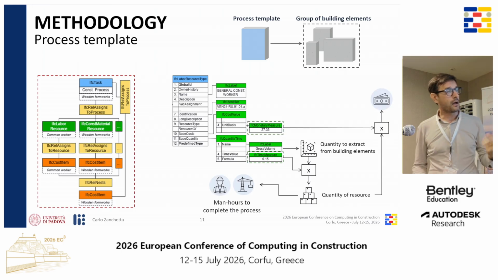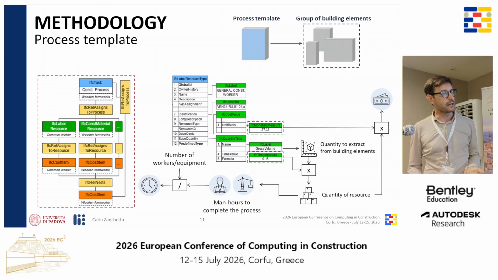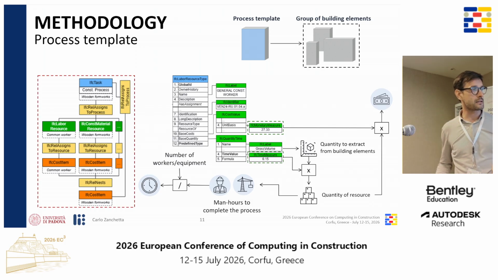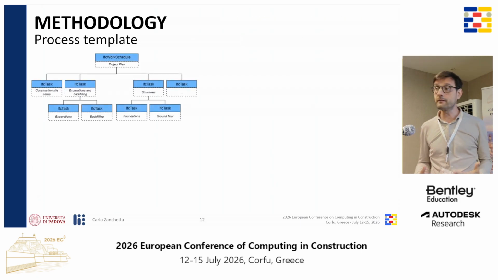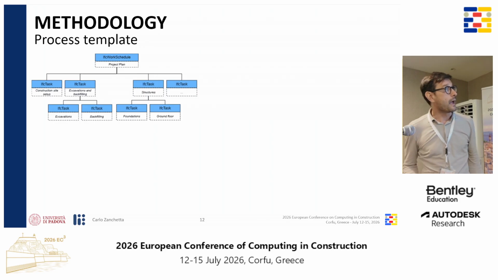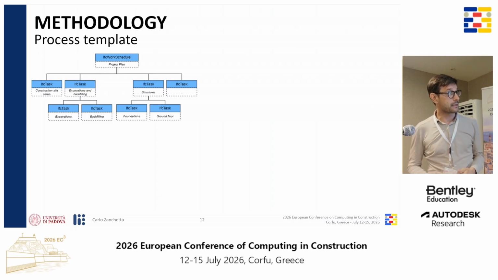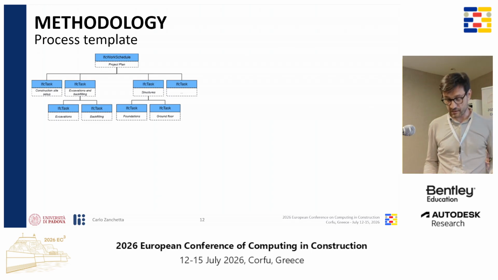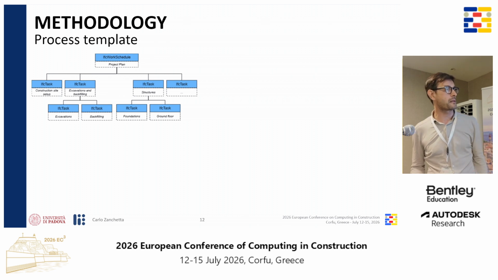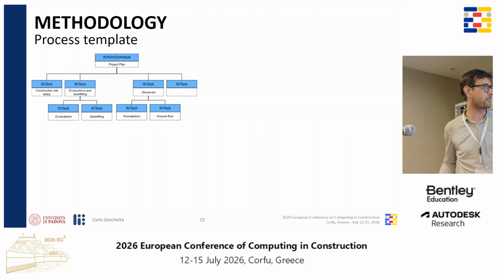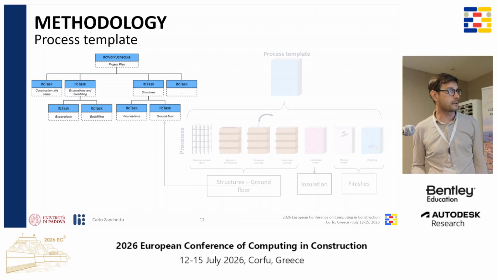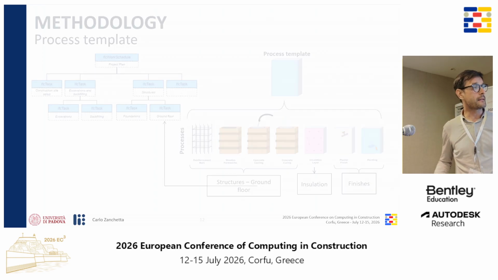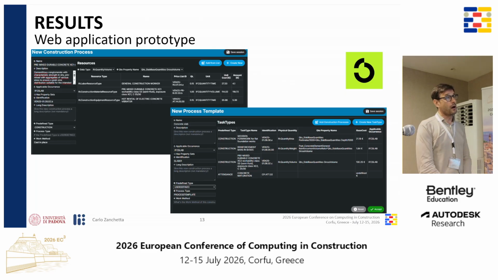But in the end, in this way, it was possible for us to connect the dots in a standardized way. And in the end, the process template that we got was clearly being translated into something typical inside some construction sites, like the structural casting. And in the end, here it is.